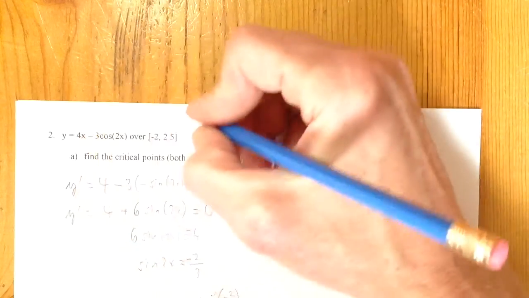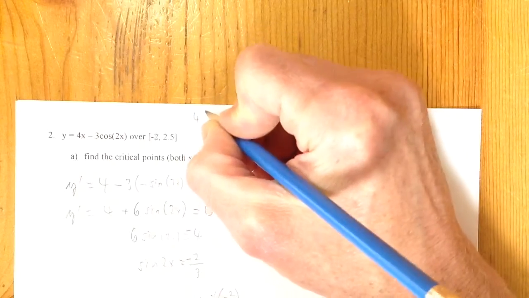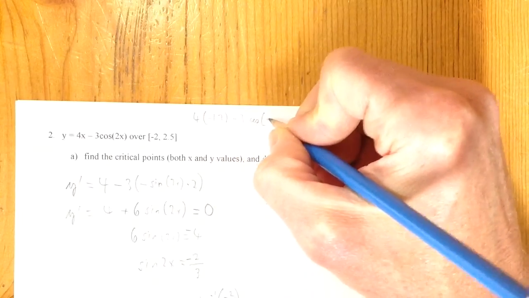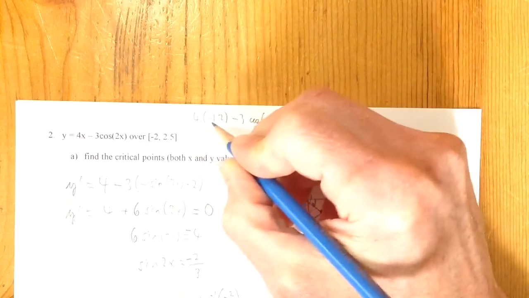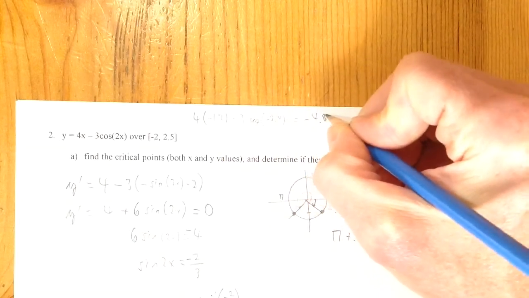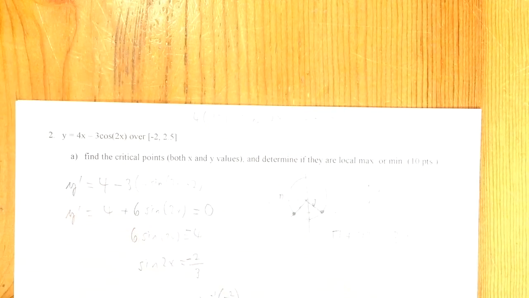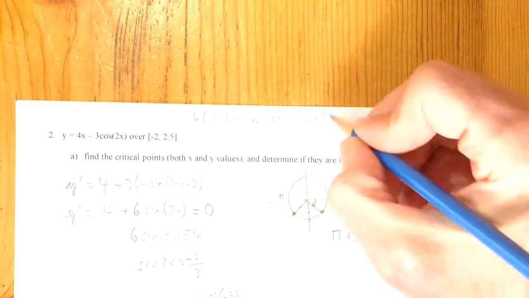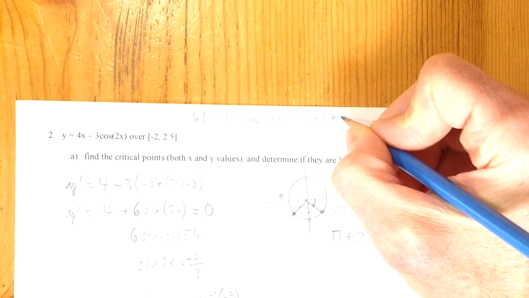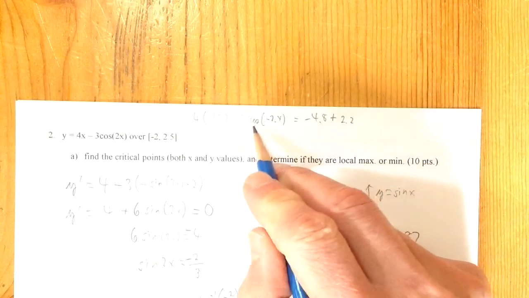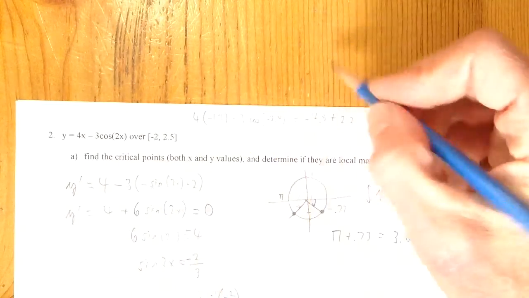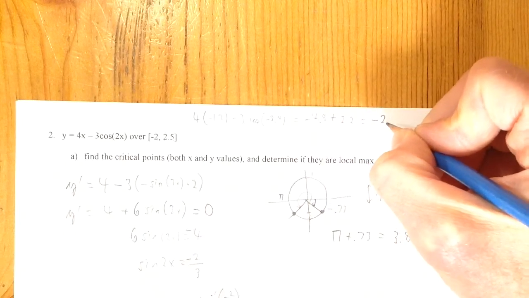We want to plug in negative 1.2: 4 times negative 1.2 minus 3 times cosine of 2 times negative 1.2, so cosine of negative 2.4. That would be negative 4.8 minus 3 times cosine of negative 2.4 in radians. It's minus negative, so it's actually plus 2.2, because I got negative 2.21 from this. So 2.2 plus negative 4.8 equals negative 2.6.